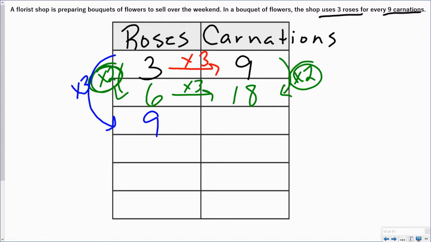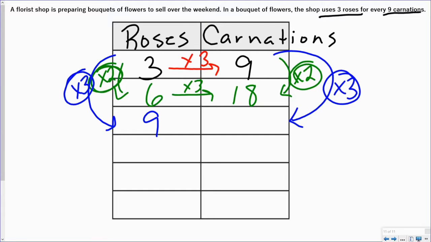And again, I can either multiply by 3 on this side, because that's what I did here, so I have to do that over here. Or I can look at this relationship, which is also times 3, and that would give me a total of 27. My next group, if I keep counting by threes, this would give me 12.